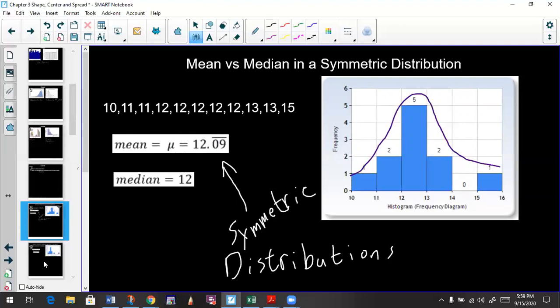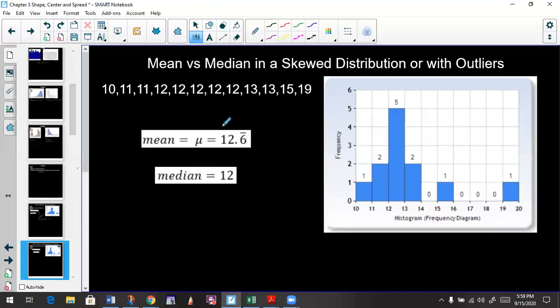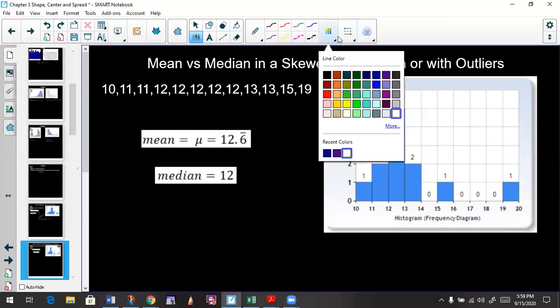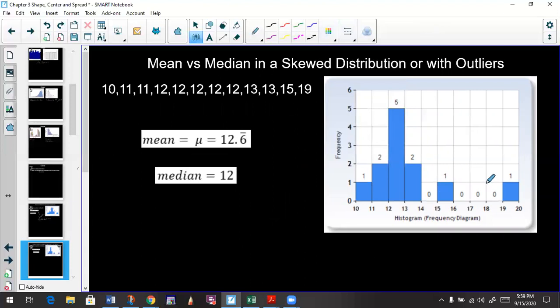So let's take a look at some data that is not quite so symmetric. All right. So you guys can see over here, we've got a little gap, but that's not much. It's only 1 unit away. Here's the gap that we're talking about more.